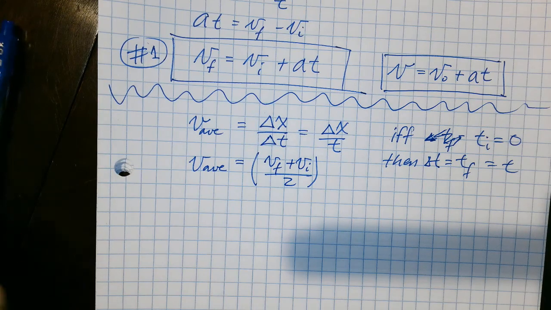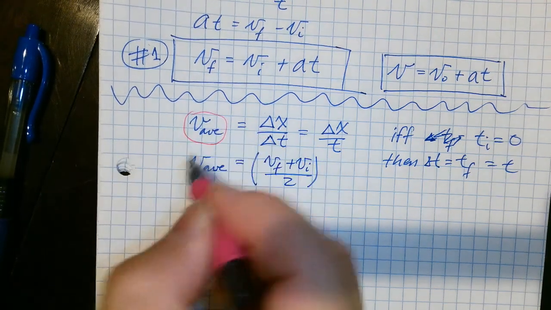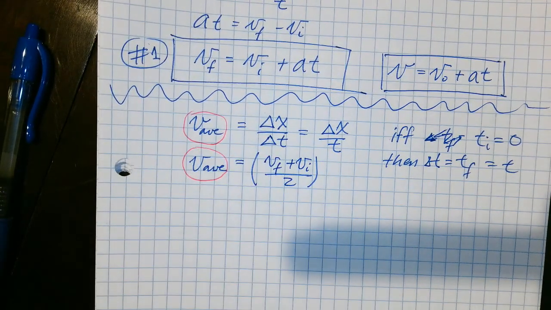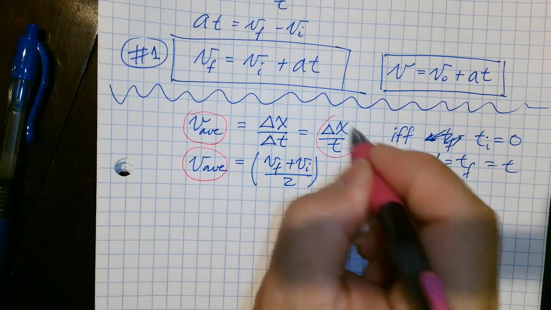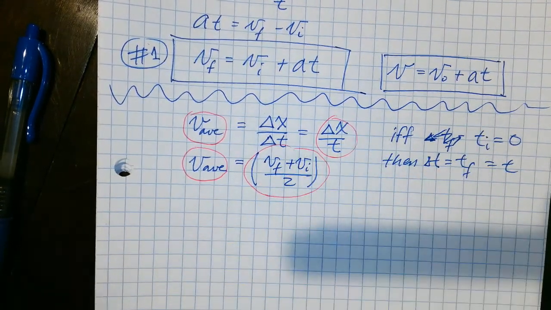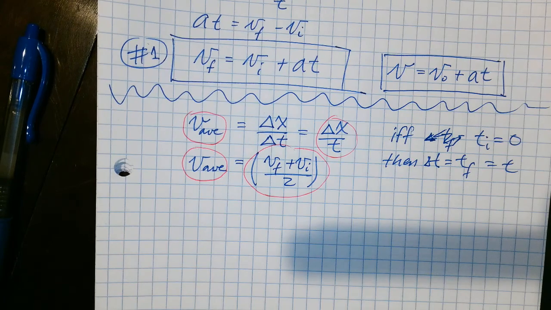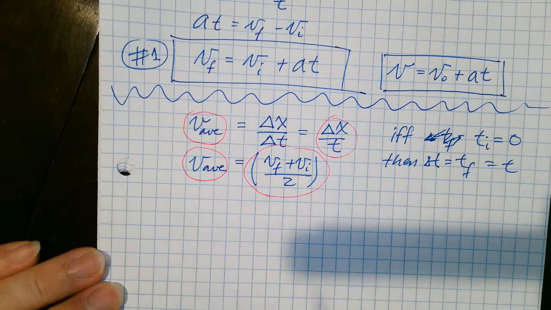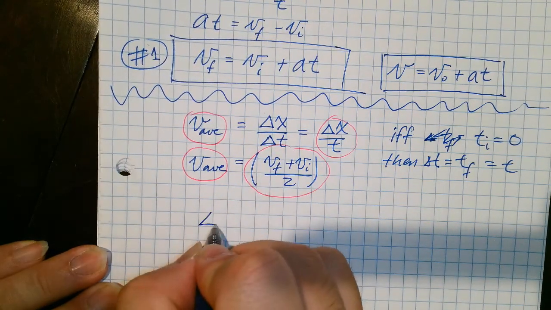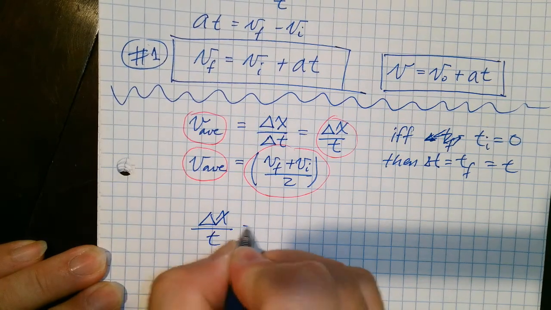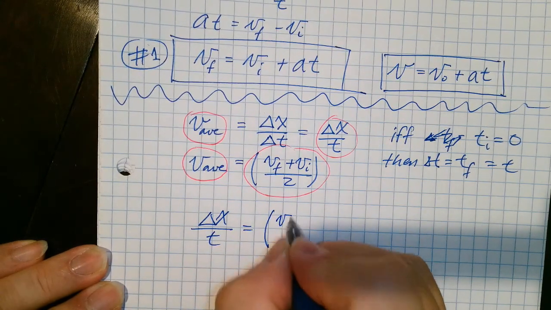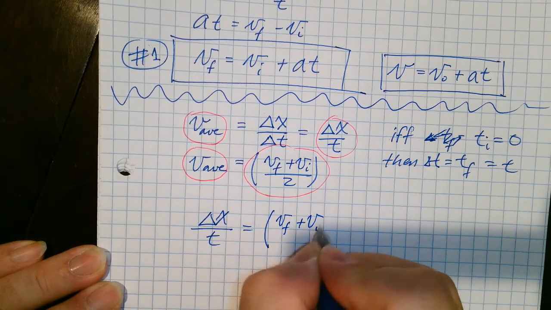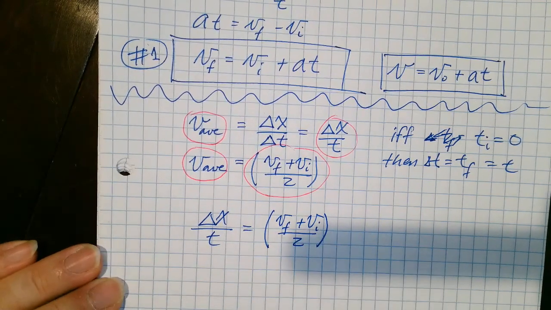So if you look at this, they're identical. That means these are also identical. So I can set them equal to each other and say my delta x over t is equal to vf plus vi over 2.